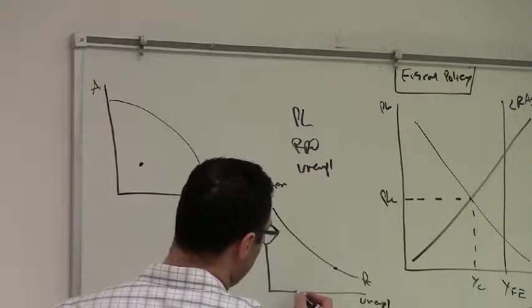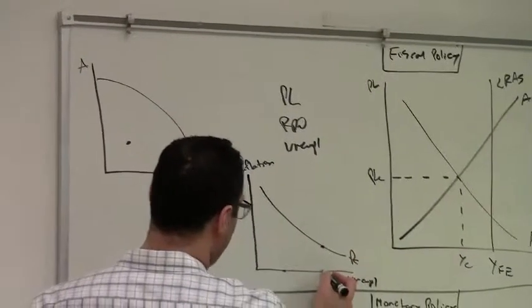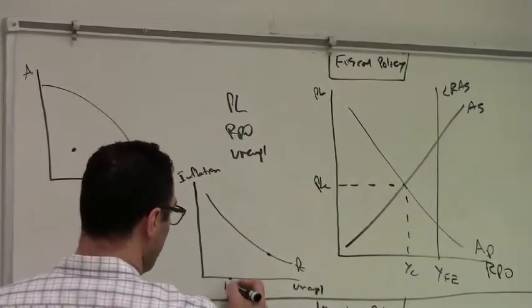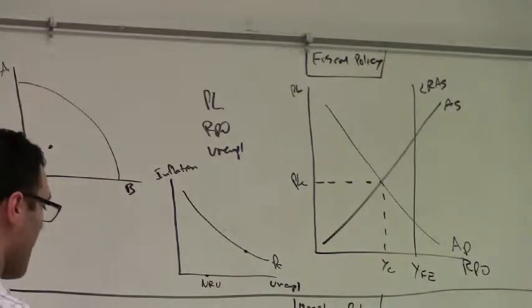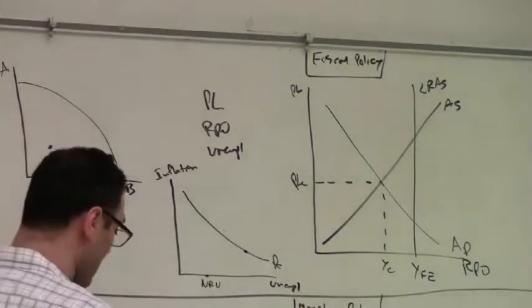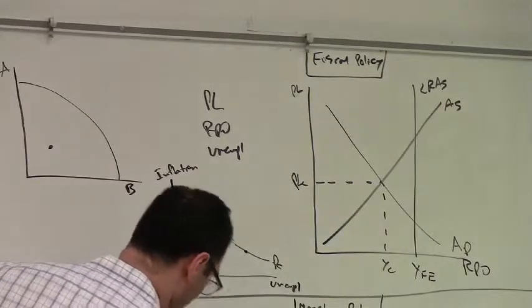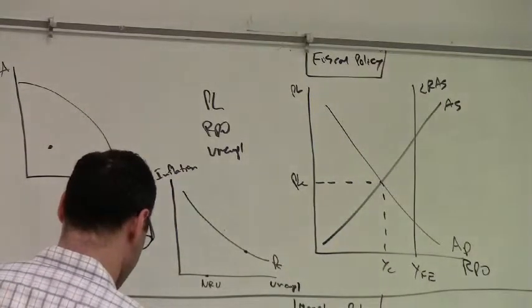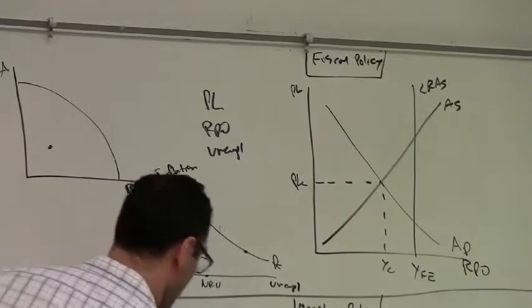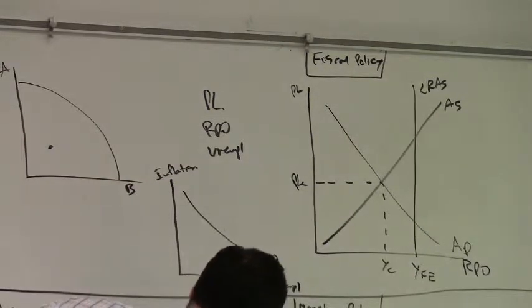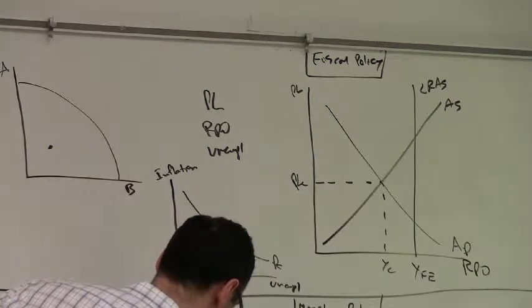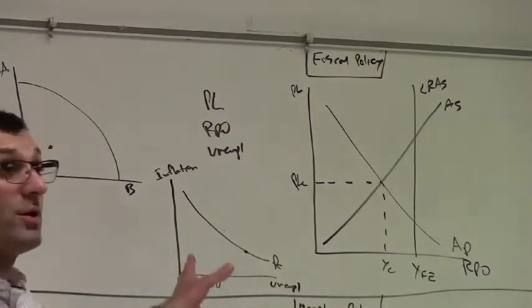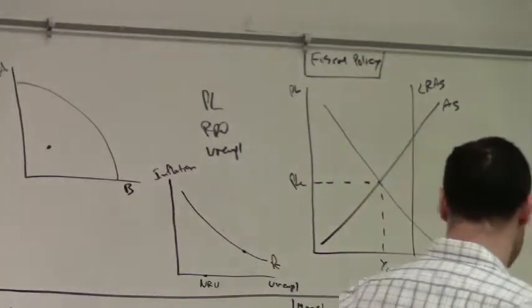Since unemployment is higher than the natural rate of unemployment, which corresponds to the full employment rate of unemployment, that's the original situation. That's the natural rate, NRU.